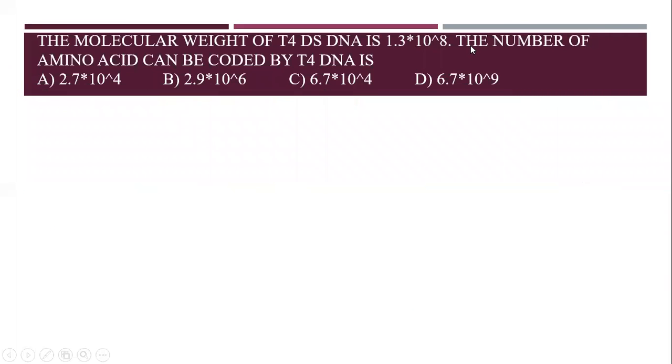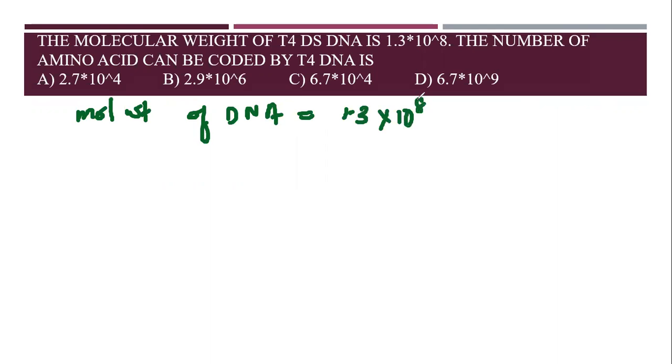Next question. The molecular weight of T4 double-stranded DNA is given as 1.3 into 10 raised to 8. The number of amino acids that can be coded by T4 DNA is dash. How simple it is.